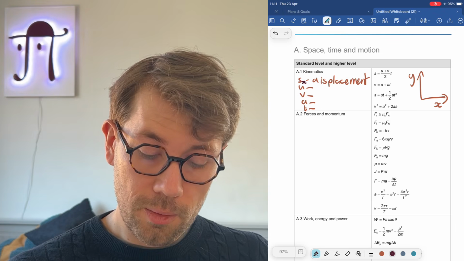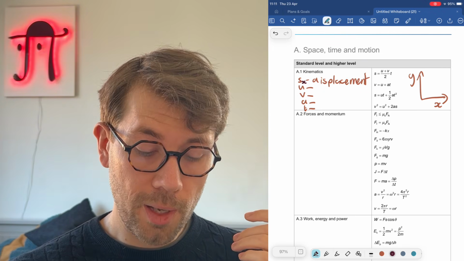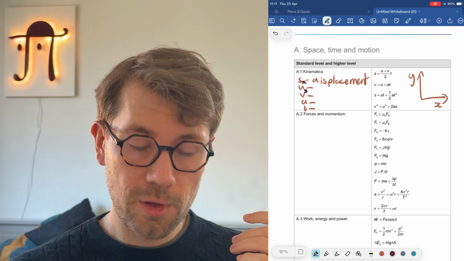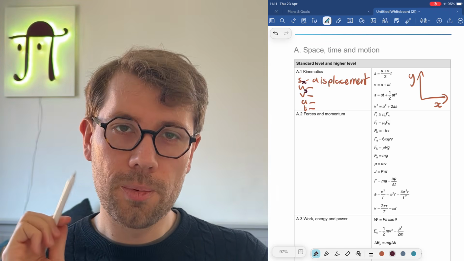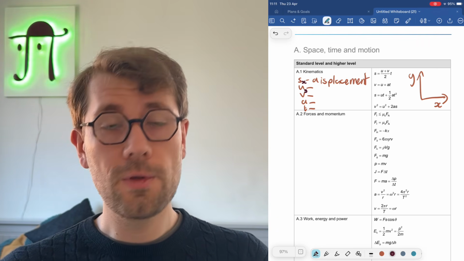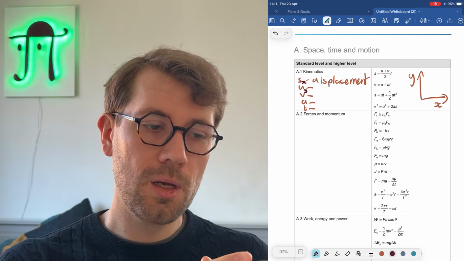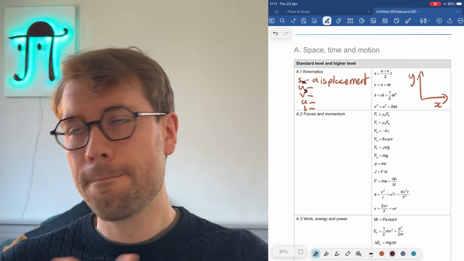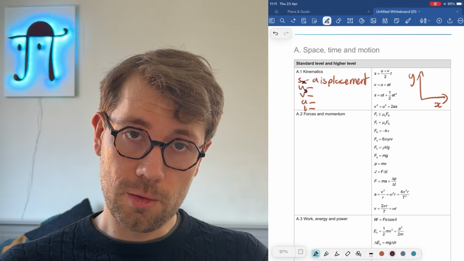If I'm talking about my displacement in the x direction, I add a subscript. If I'm talking about my initial velocity in the y direction, I add a subscript. These subscripts are to stop me making mistakes, and they'll stop you making mistakes as well. The most confusing thing in the world is when you try to answer a problem and you've got one u over here, which is different to the u over there, and you make mistakes. I'm here to stop you making those mistakes.